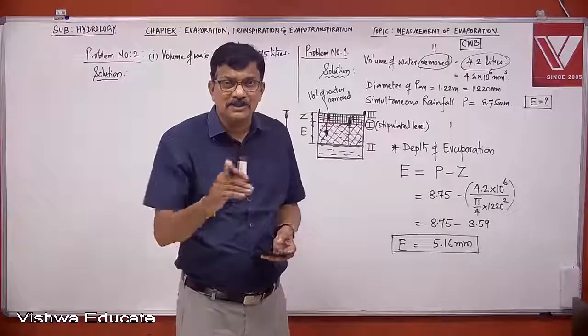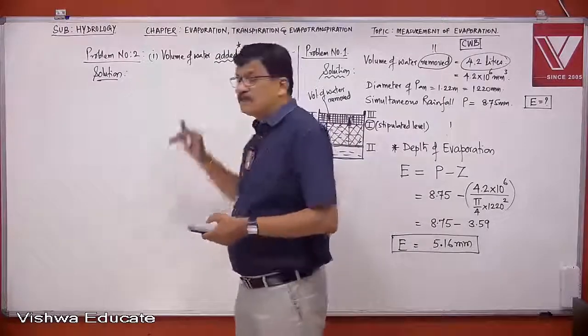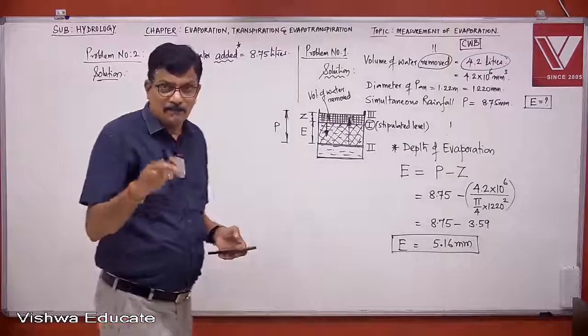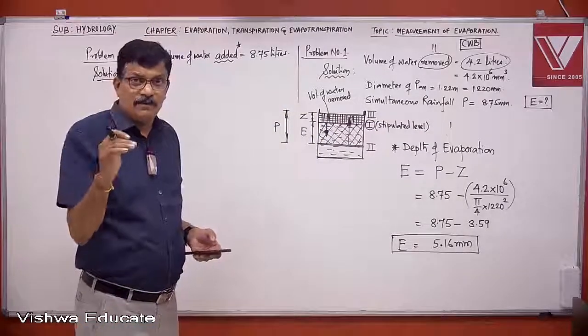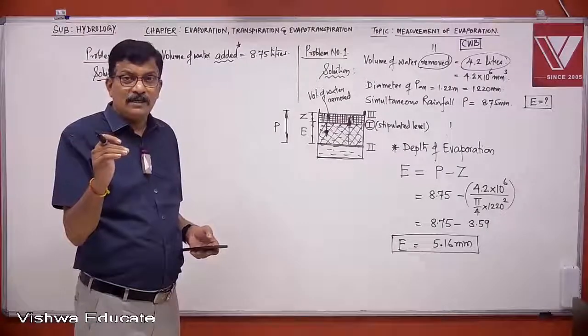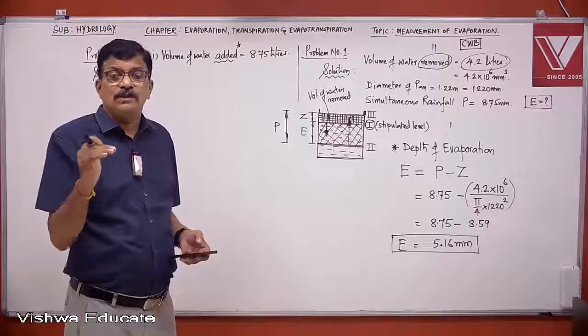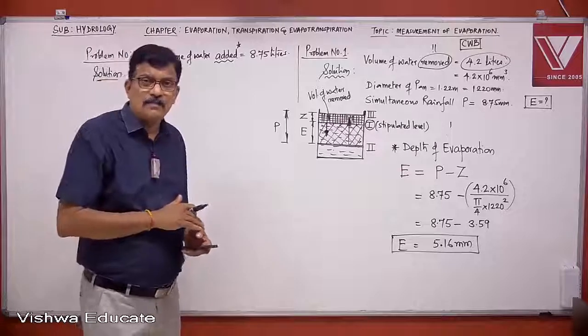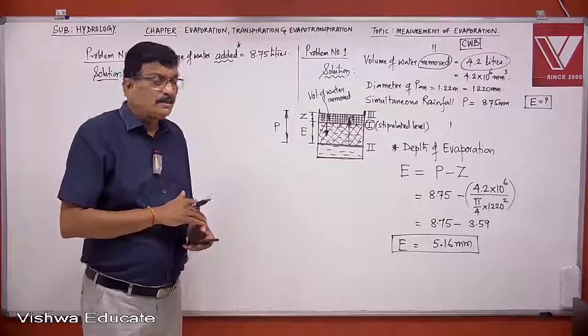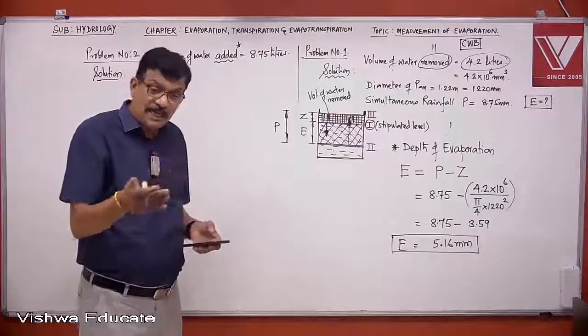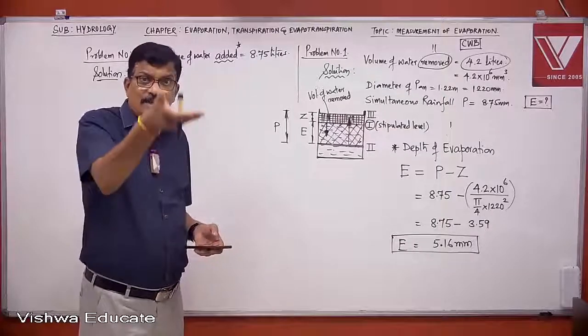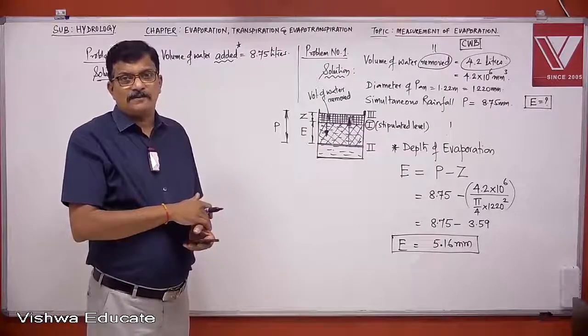And that is precisely what has been given in the problem: the level of water during the measurement was much below the stipulated level. That is the reason why 8.75 liters were added to bring the level to the stipulated level.